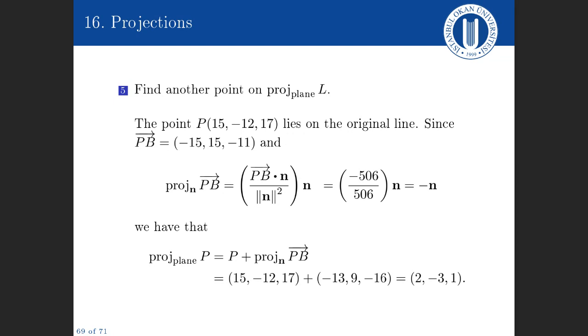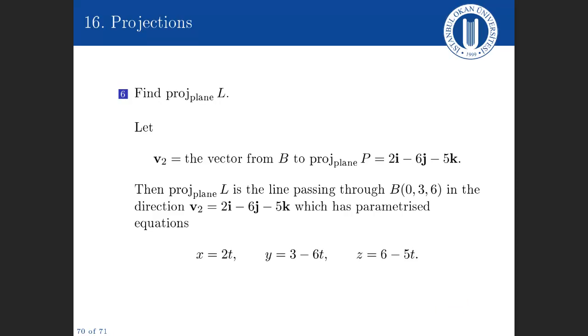That should be another point which is on the new line. Of course, if we have time, we should do a quick check. Is this point really on the plane? I'll leave that for you to do.